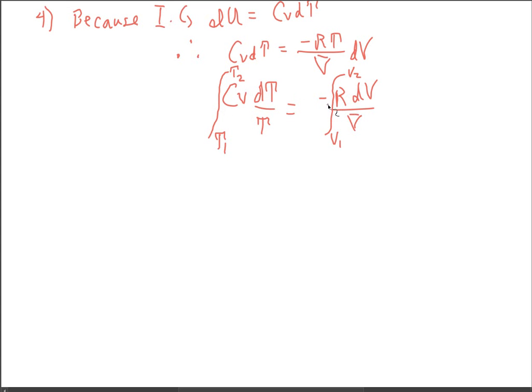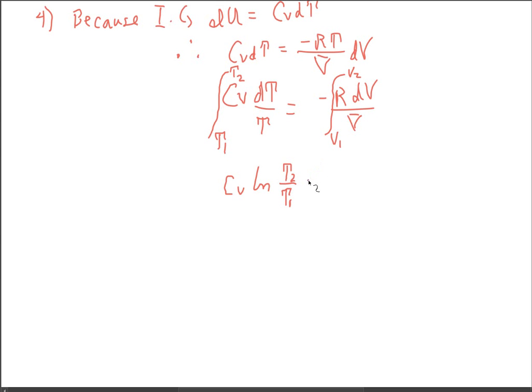We're going to have minus R, and then 1 over V dV. So this particular integral then will become CV log of T2 over T1. If you have trouble with this particular integration, you need to go back and review integration for logarithms.